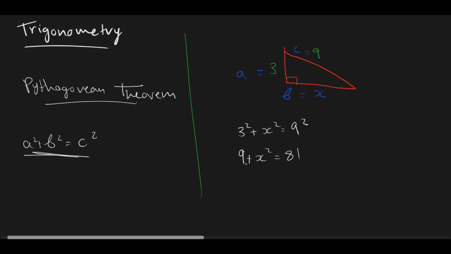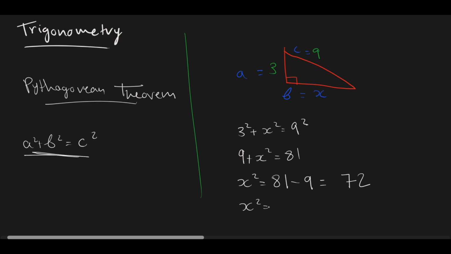And this is a simple equation that we can solve algebraically. So we will move the 9 to the other side, and we will have X squared isolated. X squared is equal to 81 minus 9, which is 72. So X squared is equal to 72. To find X, we just have to take the square root of both sides.